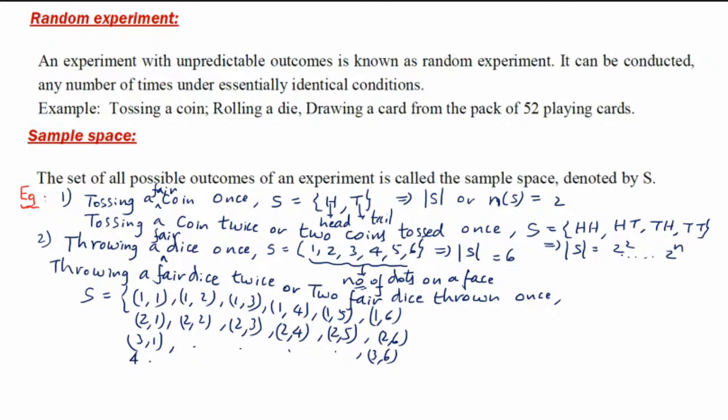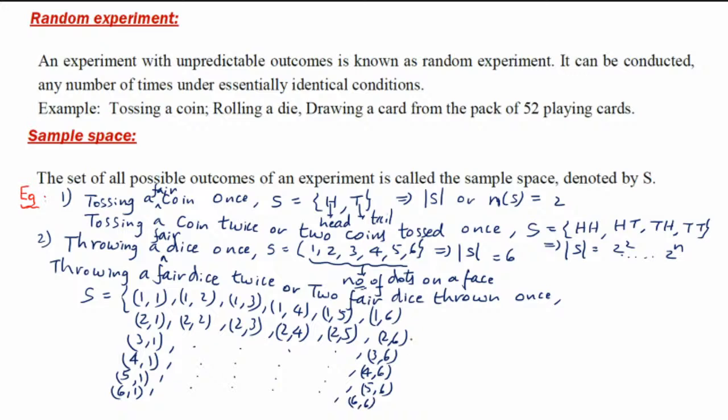Next, 4, 1, 4, 2, 4, 3, 4, 4, 4, 5, 4, 6. 5, 1, 5, 2, 5, 3, 5, 4, 5, 5, 5, 6. Last row, 6, 1, 6, 2, 6, 3, 6, 4, 6, 5, 6, 6.